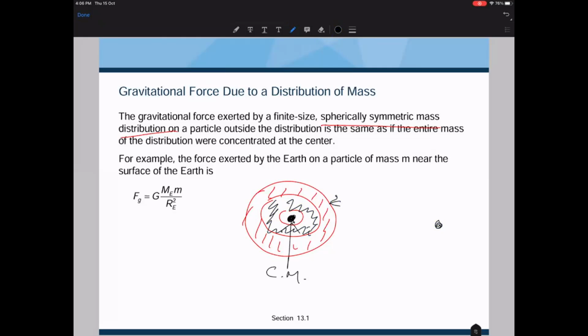And Newton's law of universal gravitation is determined with the distance between the center of mass of the two objects. So we have a similar equation form, but the meaning is very different.